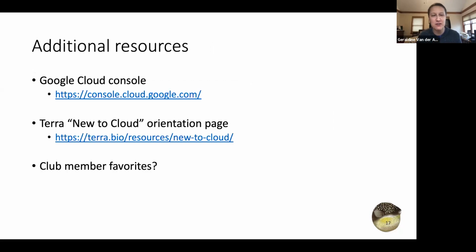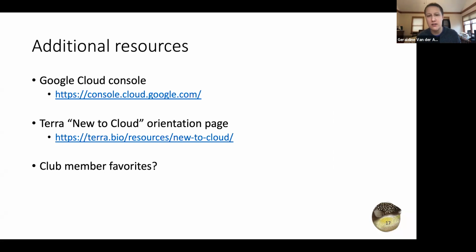There are a few additional resources. I think it would be great to crowdsource some additional pointers to resources for getting started with the cloud. I added, Terra has a brand new outreach website that includes a new to cloud orientation page that hopefully is a little bit helpful. It's pointers to specific parts of documentation, including Google Cloud documentation.